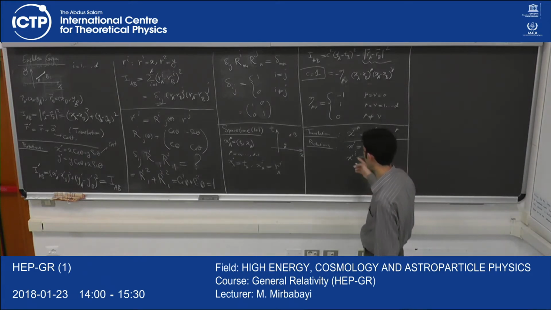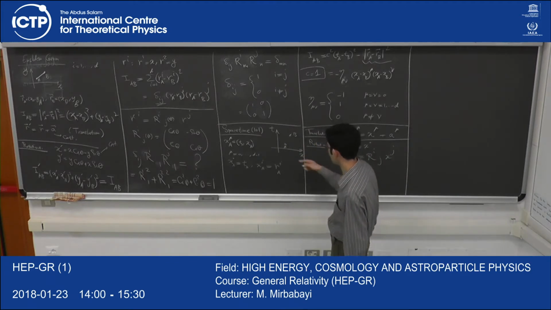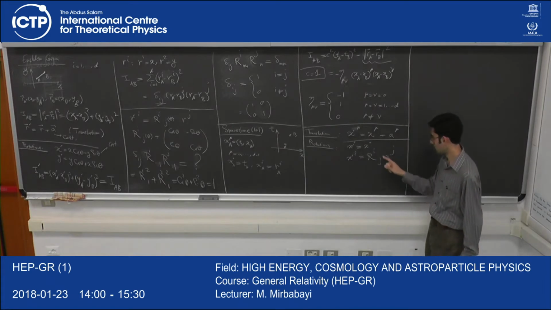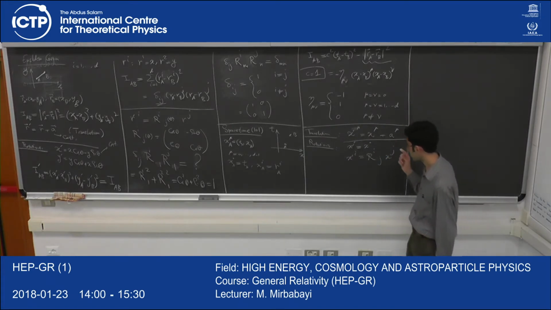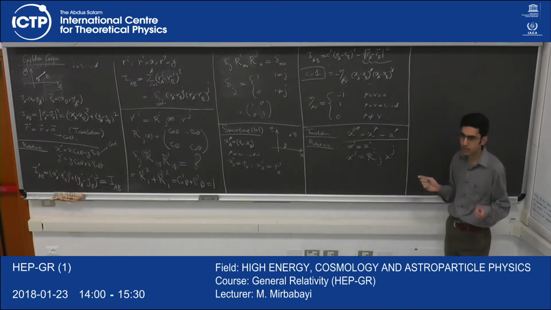In particular, if I'm in 1 plus 1 dimensions, there is no spatial rotation because the i here has only one index, so I cannot rotate x to anything else.